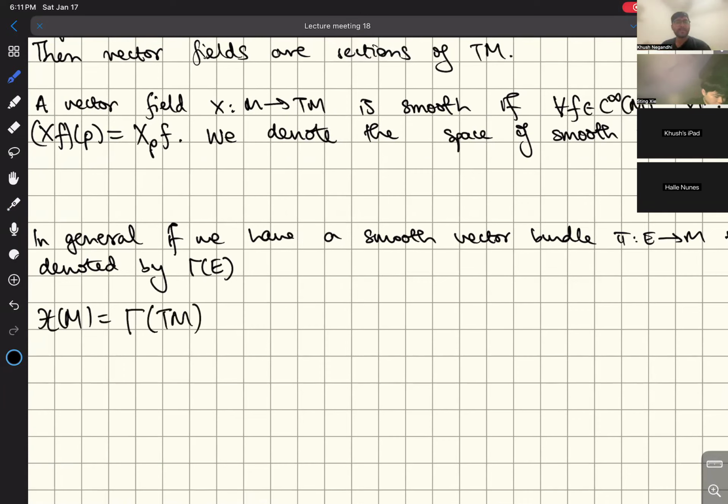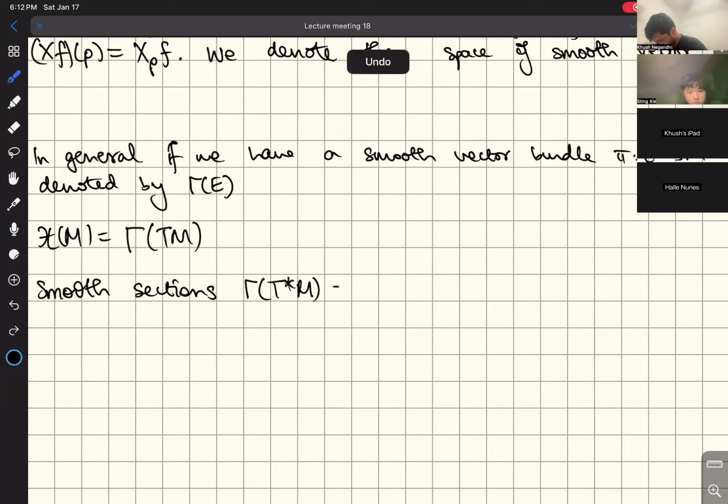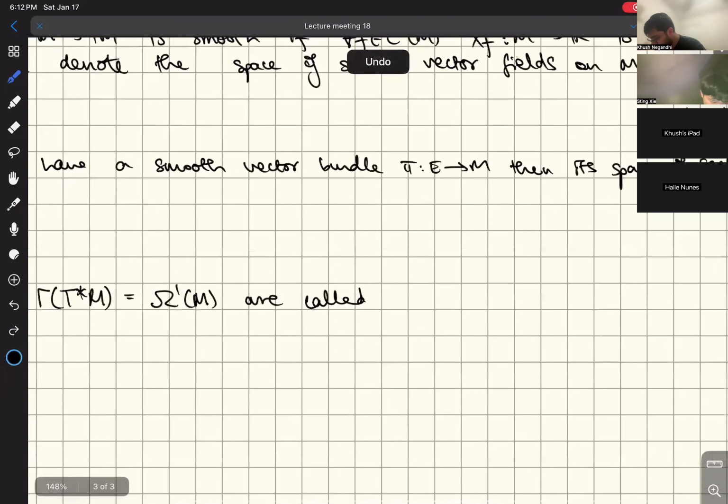Smooth sections of T star M, I'll call this omega 1 of M, are called differential one forms.